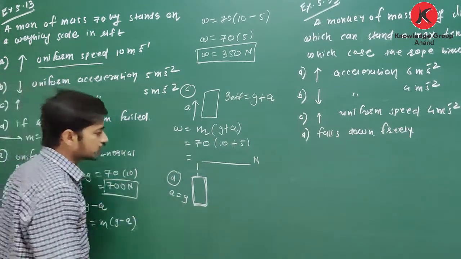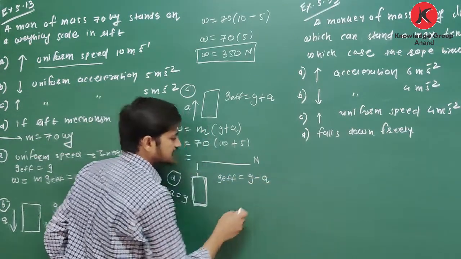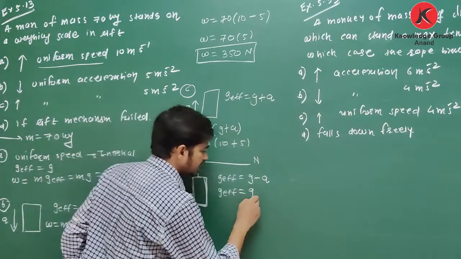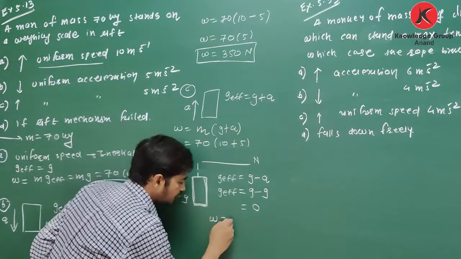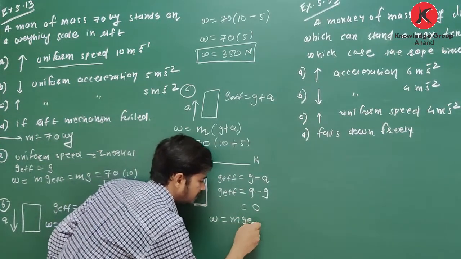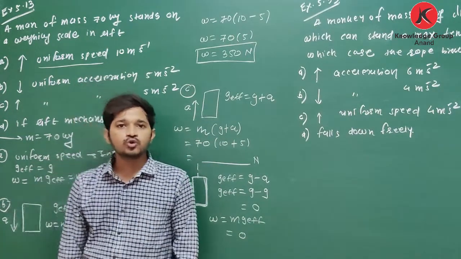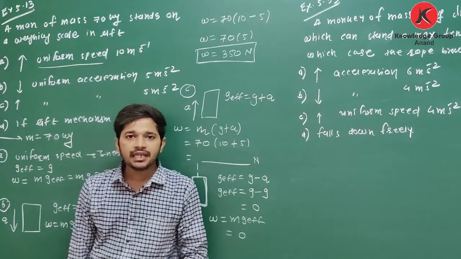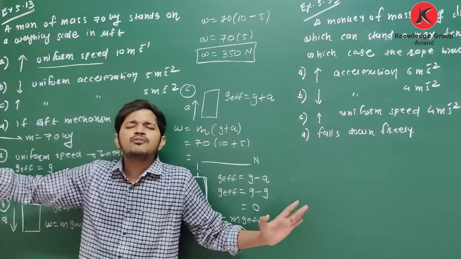And for downward direction, we know that g effective is equal to g minus a. So here g effective is equal to g minus g, which is 0. So what is the weight? m g effective is equal to 0. No weight is measured by the weighing scale. Clear about this?